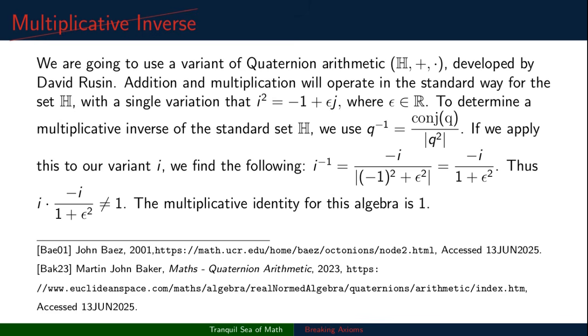When we take that number and multiply it back to the number that we started with, we find that it does not give us 1, which is the multiplicative identity for the real number system, which we are breaking. So no multiplicative inverse for this algebra because of this special definition for i squared.